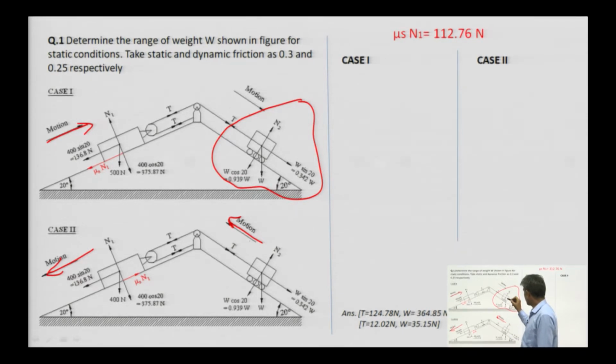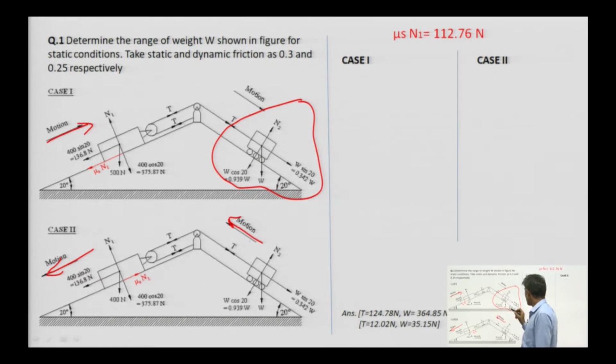The weight of the trolley W acts perpendicular downward, and this weight has been resolved parallel and perpendicular to this inclined plane. The component of trolley weight parallel to the inclined plane is W sin 20.